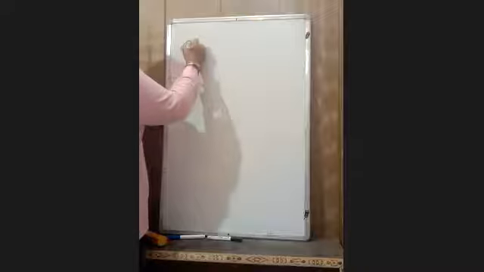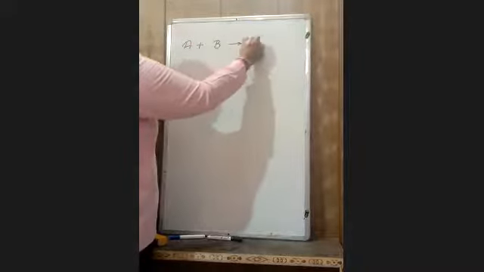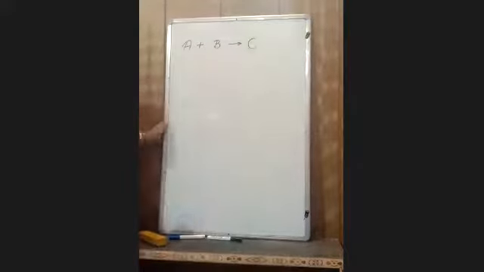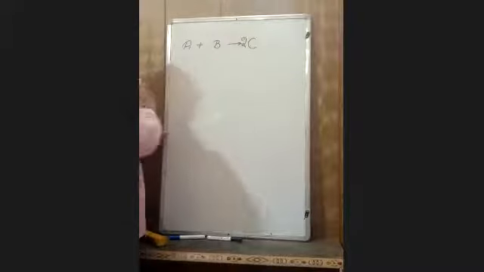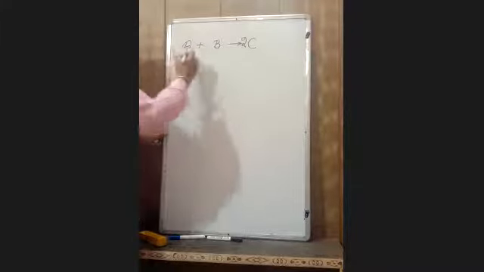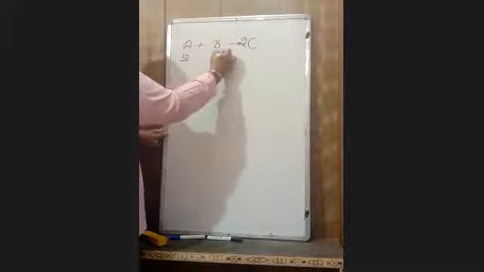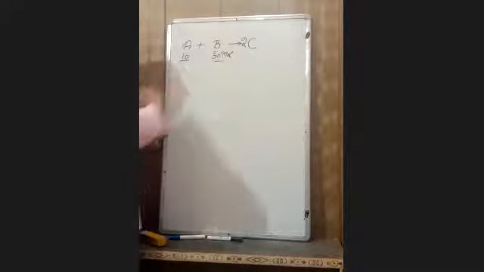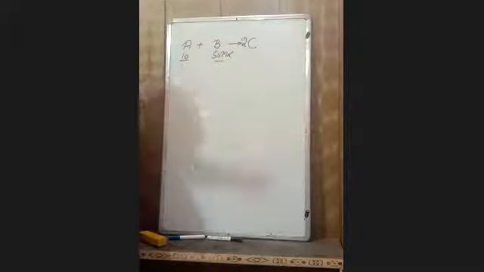I'm giving you one example. Suppose I say A combines with B to form product C. Fine? Or I will say 2C. If I am giving you 10 molecules of A and 50 molecules of B, and I ask how much C will form, what will be your answer?